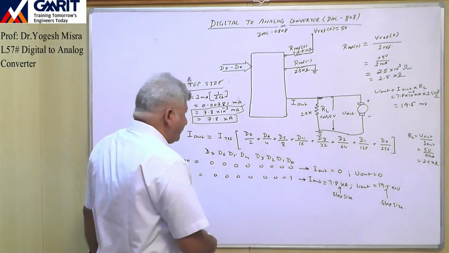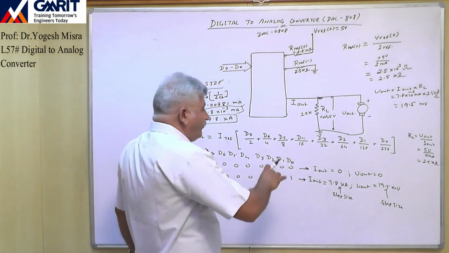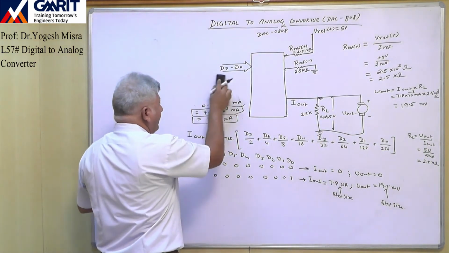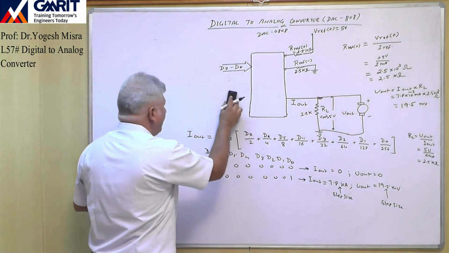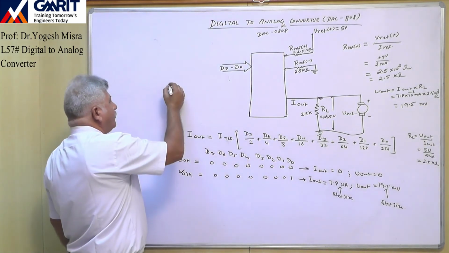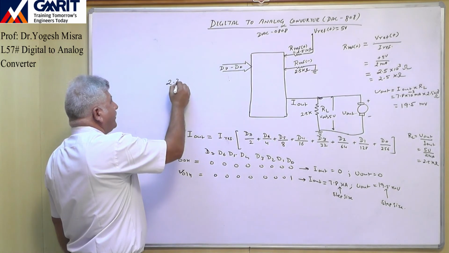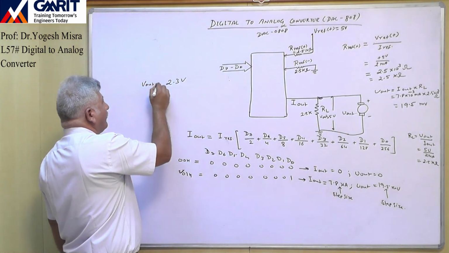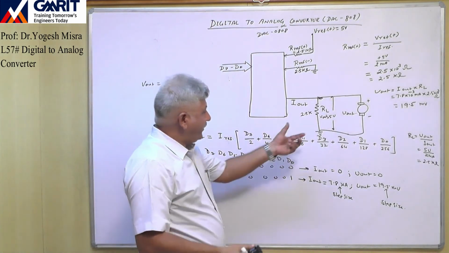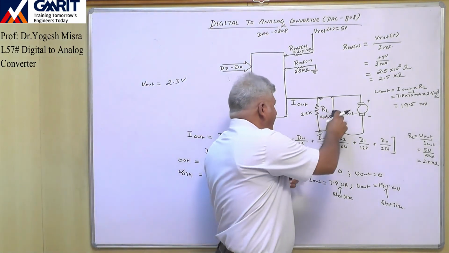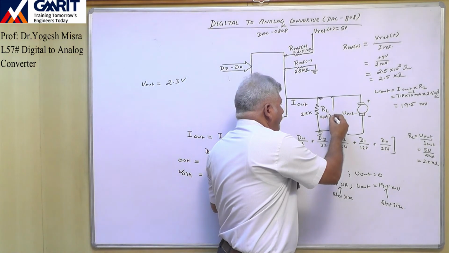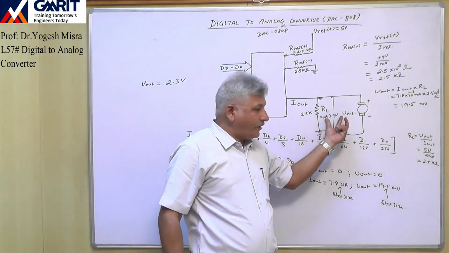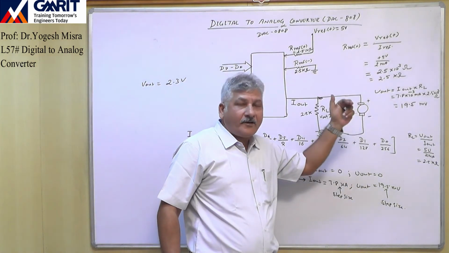Now suppose we want to generate an output of, let us assume, 2.3 volt. We require this output, because if we reduce this voltage, then the speed of this DC motor will reduce.